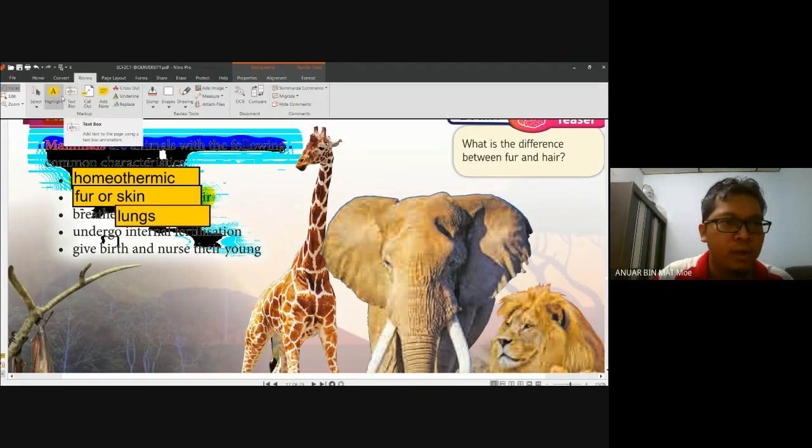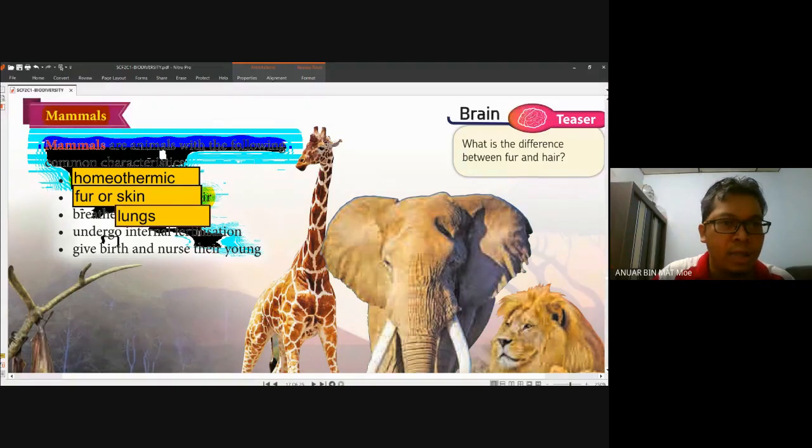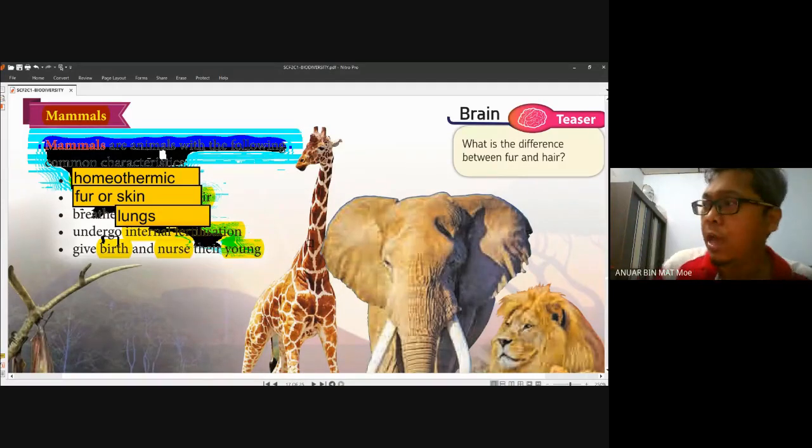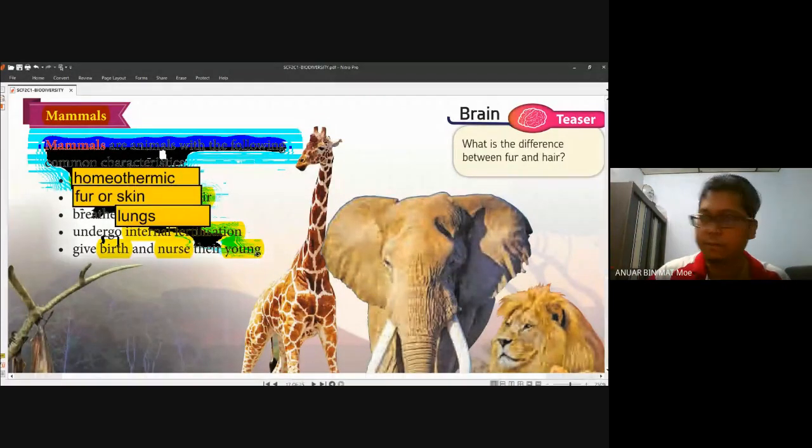And then what are the characteristics for the next one? Undergo internal fertilization, and then it will give birth and nurse their young. Okay, it will give birth to the offspring. These are what we call the characteristics under vertebrates that we call mammals, right?